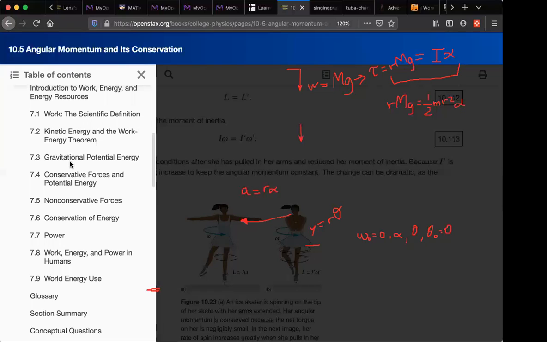Gravitational potential energy is this idea that the closer you are to something gravitationally, the closer you are to some kind of mass, you have more pull on you. The further away you are, you have less pull on you. But the further you are, the more potential you have to get pulled. And the closer you are, the less potential you have to get pulled because you've already been pulled pretty close.